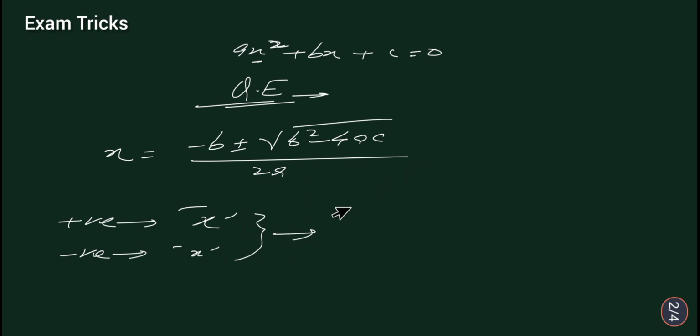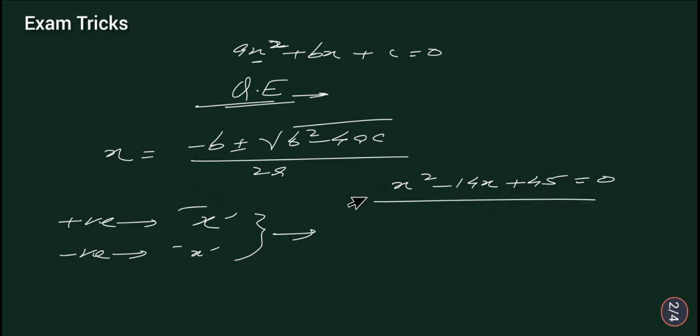To solve the equation, for example, let's say x square minus 14x plus 45 is equal to 0.